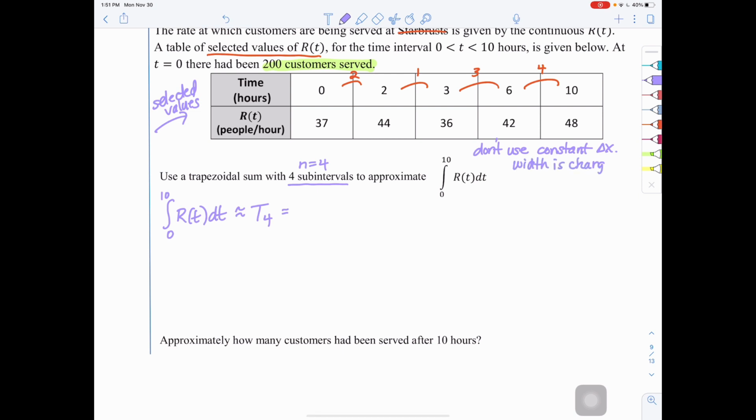So you do need to make sure you don't use that delta x formula, because you wouldn't know what to plug in anyway. We're still going to use our 1/2 from our formula. That is part of the trapezoidal formula. But we're going to multiply width times height for each one of these. So for trapezoidal, let me put the width first.